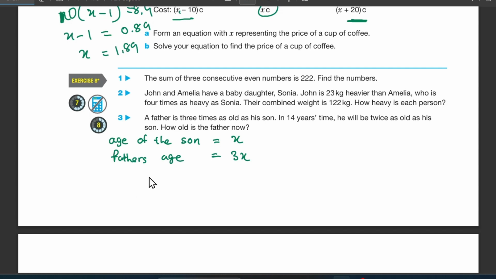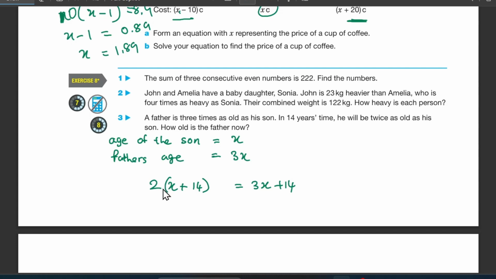In 14 years' time, he will be twice as old as his son. So in 14 years means we have to add 14 to x. And 3 times x plus 14 would be twice of this.